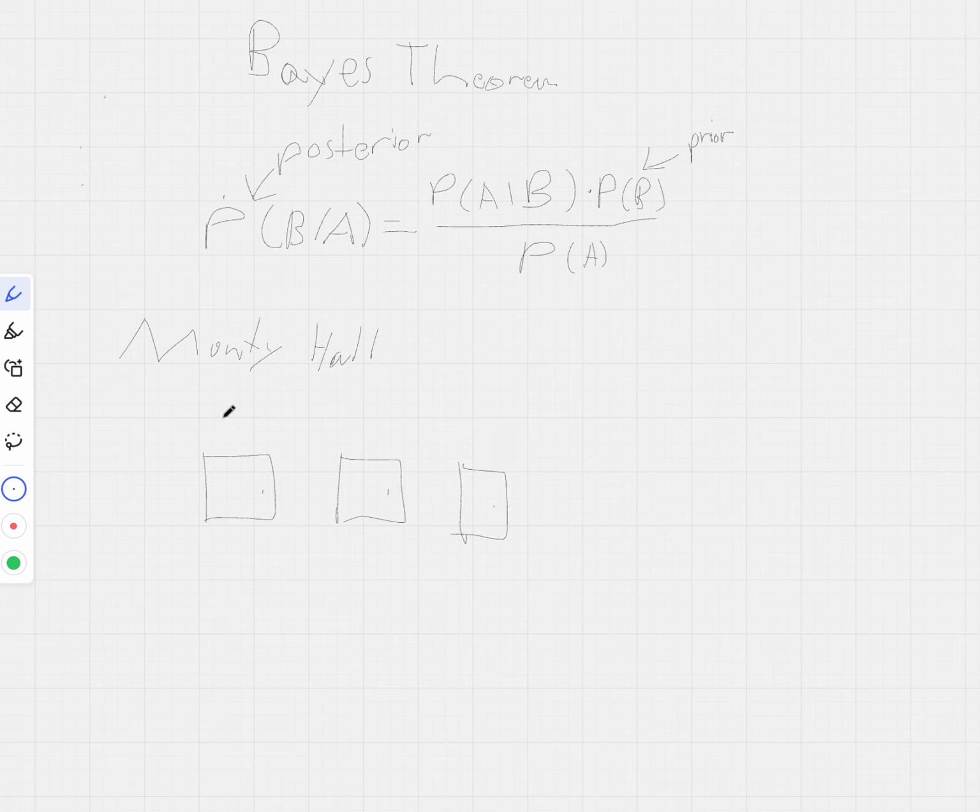Now behind one of these doors is a new car. But behind the other two are goats. I'm going to make a little goat horns here and some goat horns here.